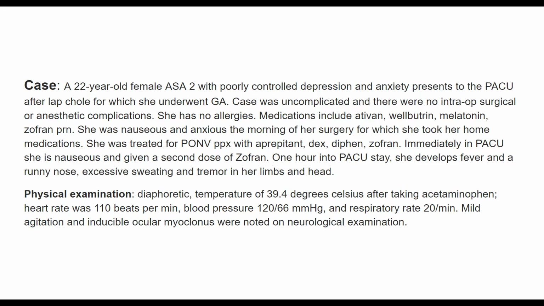So Zofran has a serotonin effect, and after repeated doses or with some of her other medications like Wellbutrin, you can get some synergy there. And we know she's received probably too many doses of Zofran for the acute period here. What else?